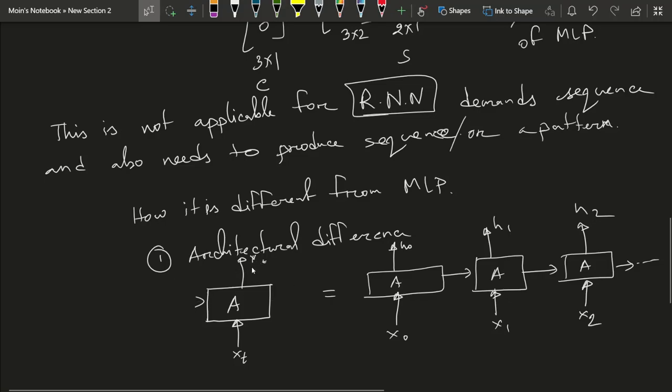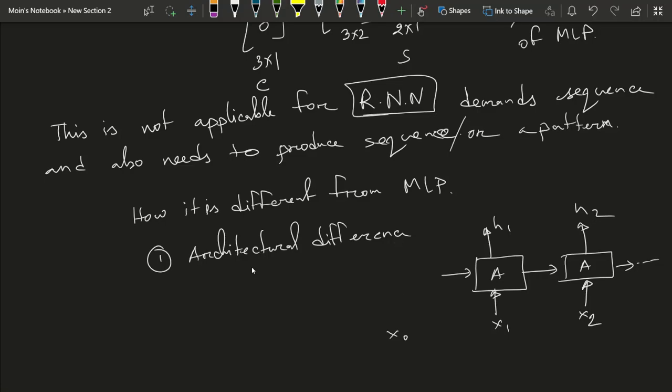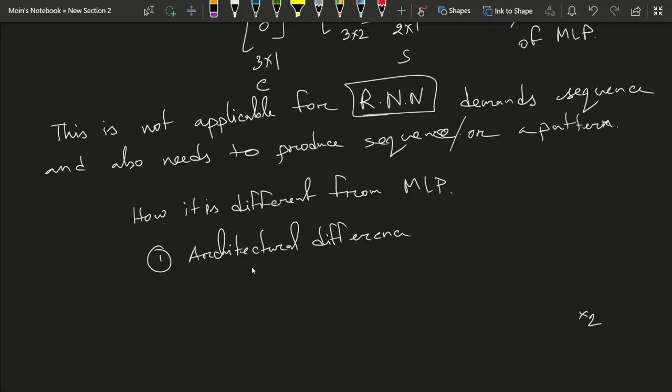For example, if this architecture looks a little clumsy, we can reformat it with the help of our known pictorial representations. If you consider this as our recurrent neuron, then this will be the x vector associated with hx.